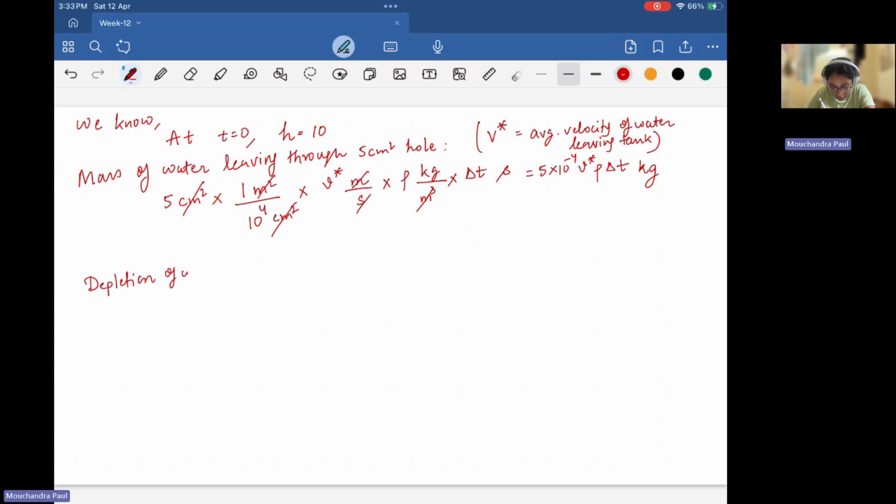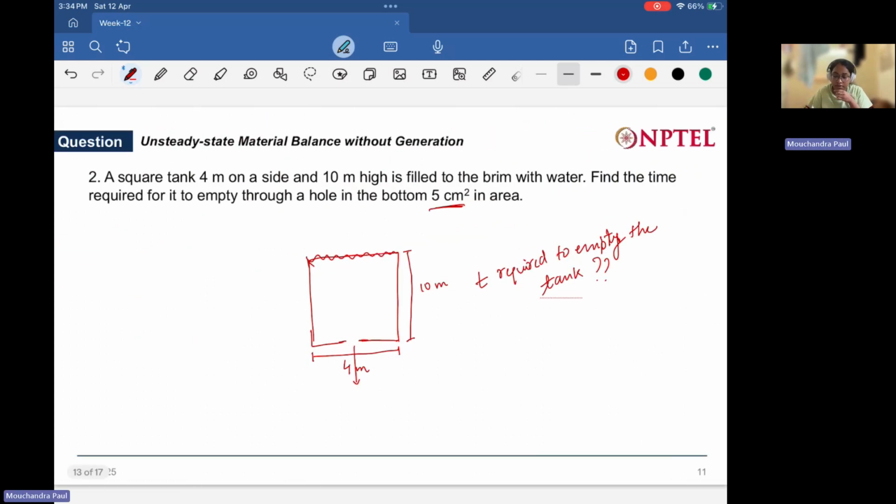So depletion of water inside the tank will be expressed as follows. 4 meter is the side.